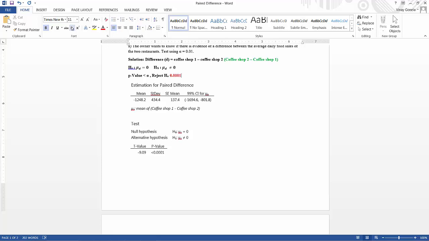This is the maximum our p-value can be. So is this less than 0.01? Is this statement true? This statement is true, as 0.0001 is less than 0.01. So this is a true value. That means we reject H null.